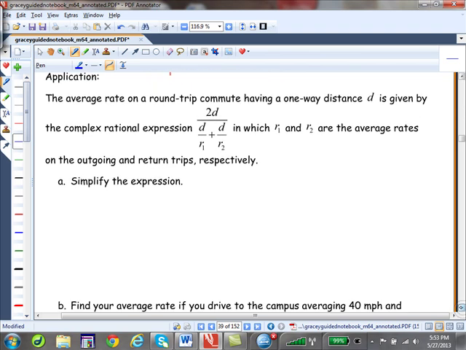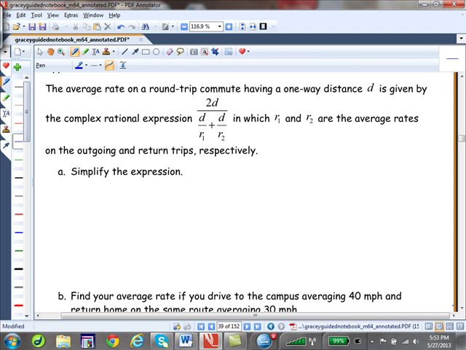So let's go ahead and simplify this. 2d over d over r1 plus d over r2.